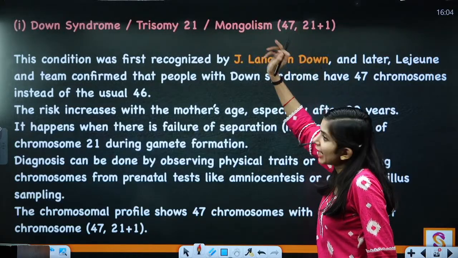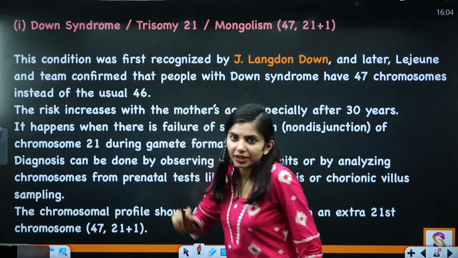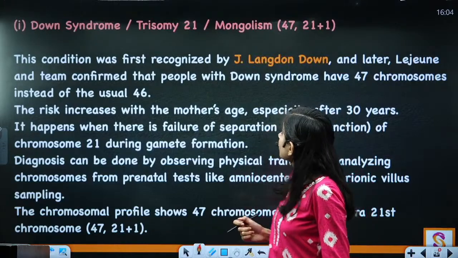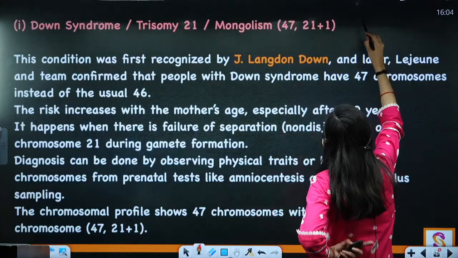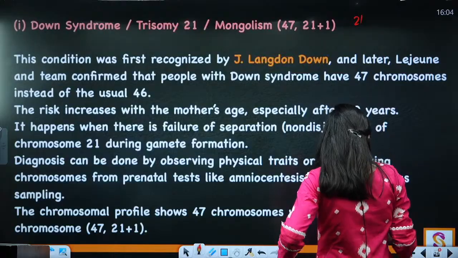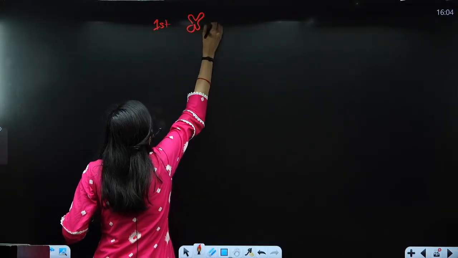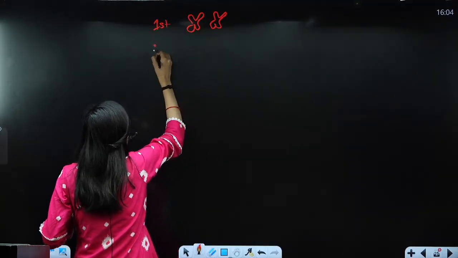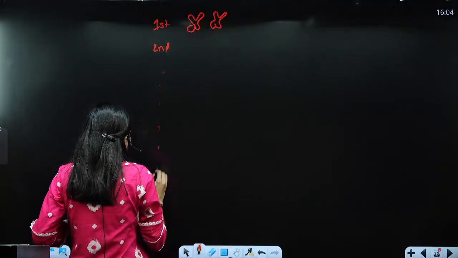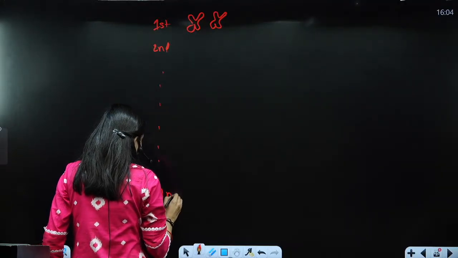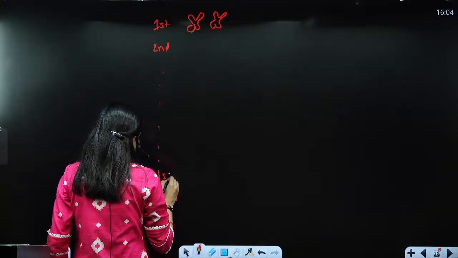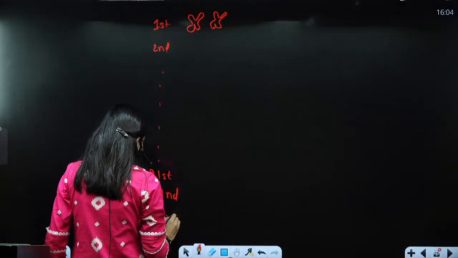And here what happens is there is trisomy. Trisomy means, just try to understand here: starting from the first chromosome, then the second, then the 22nd, here the 21st, here the 20th.